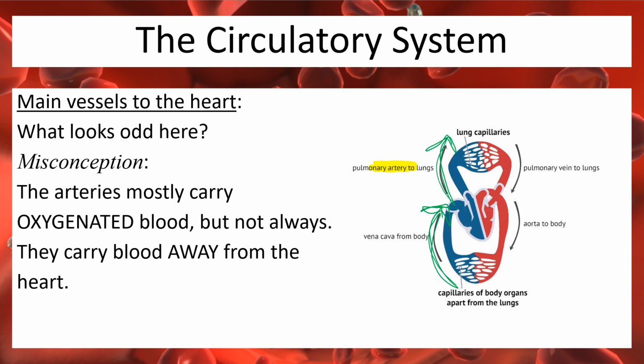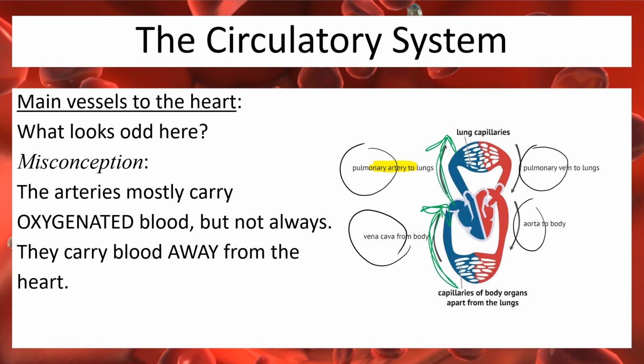There's a couple of other things in the diagram that are worth bearing in mind. The first one is this word pulmonary, which we see at the top here. So a pulmonary artery or a pulmonary vein are always about going to and from the lungs, and that's what pulmonary means. Looking down at the bottom there, we've got the aorta and the vena cava.